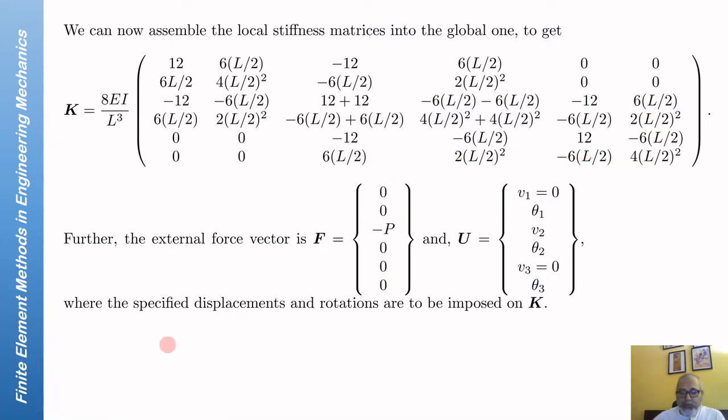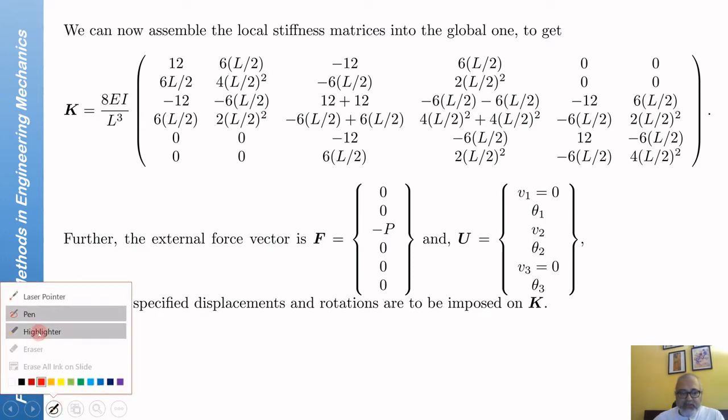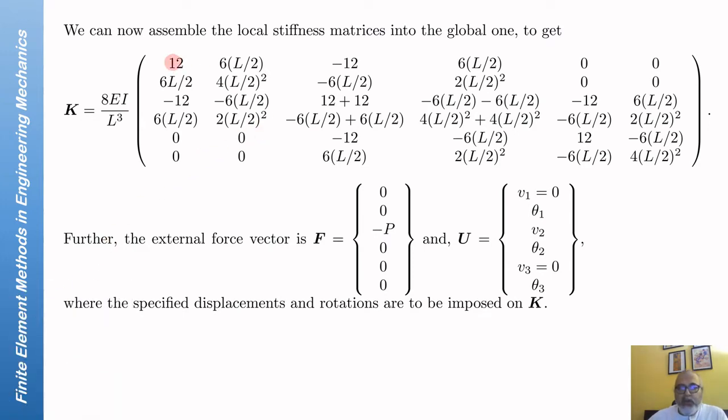Now to impose these boundary conditions, the first specified displacement is 0. So I have to multiply the first column with the first specified displacement, take it to the other side, and subtract it from f. Since this is 0, I have to subtract nothing and f remains as it is.